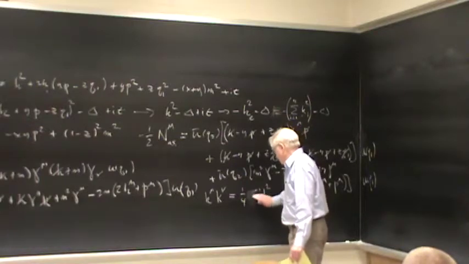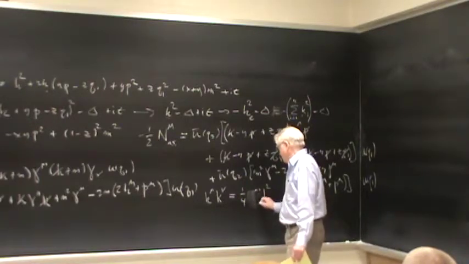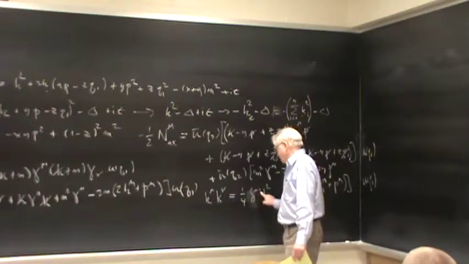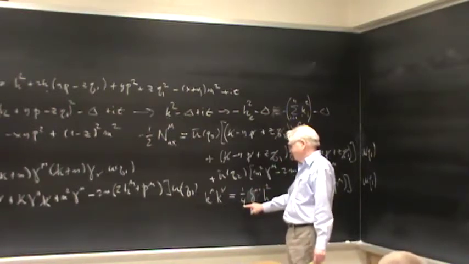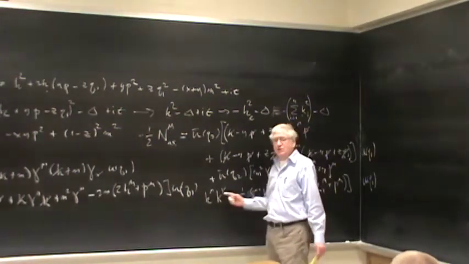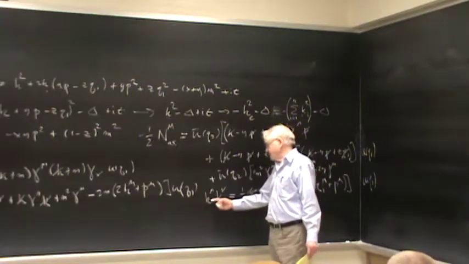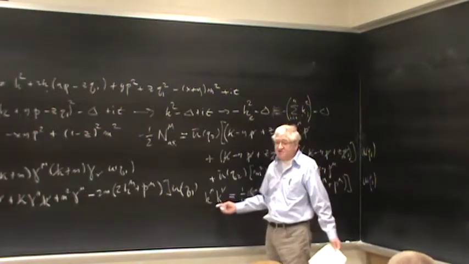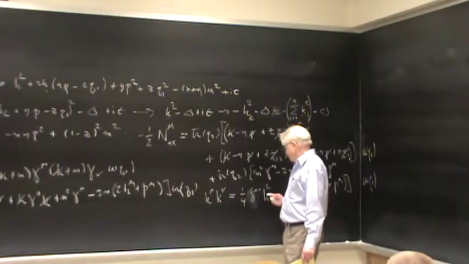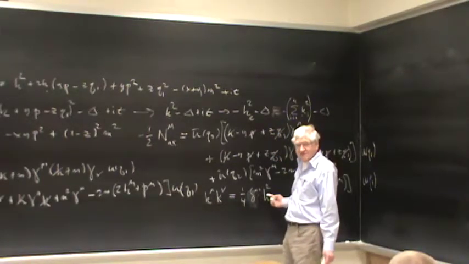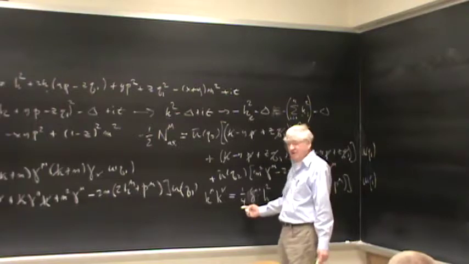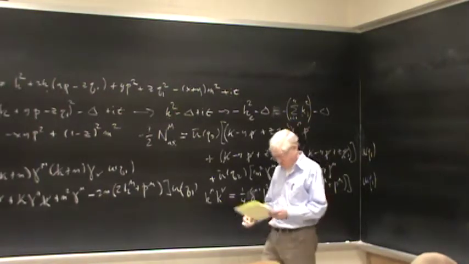Once everything is Euclidean, this is just delta mu nu, because if mu is not equal to nu, it's 0. If mu is equal to nu, then it's like k1 squared. Well, this is 4 copies of k1 squared, so you divide by 4. All right, so that's what that is.